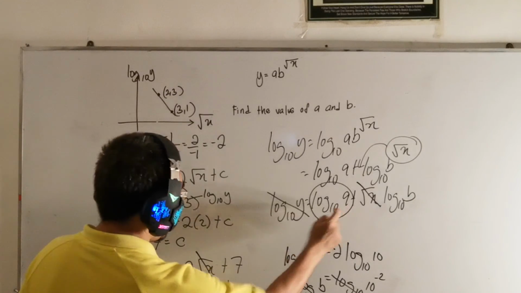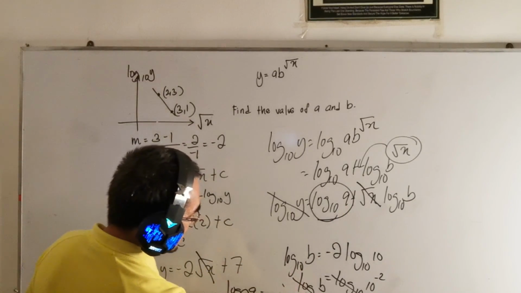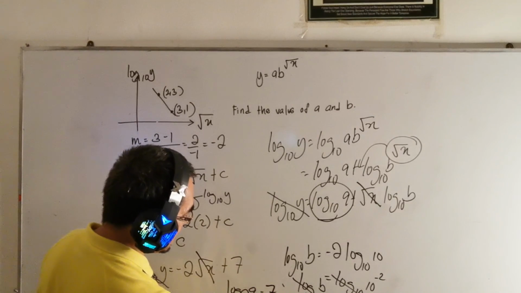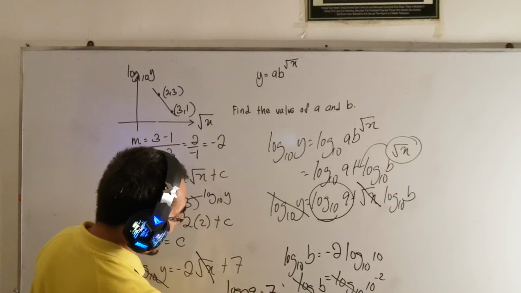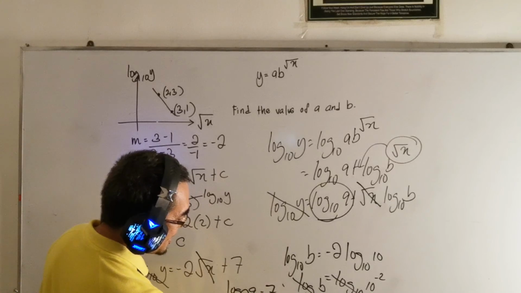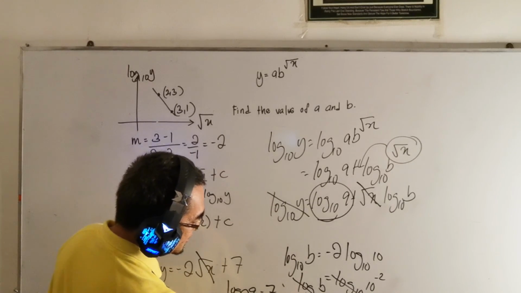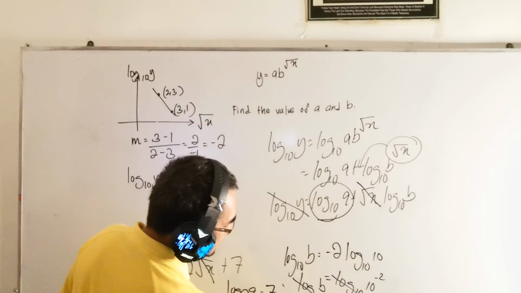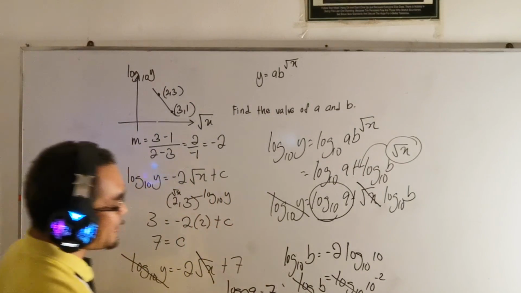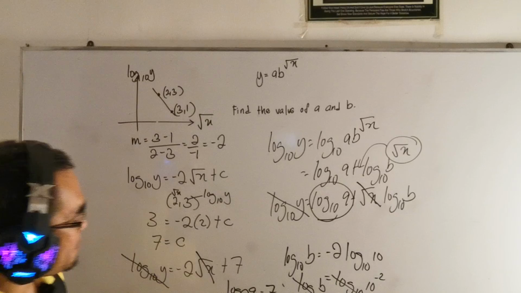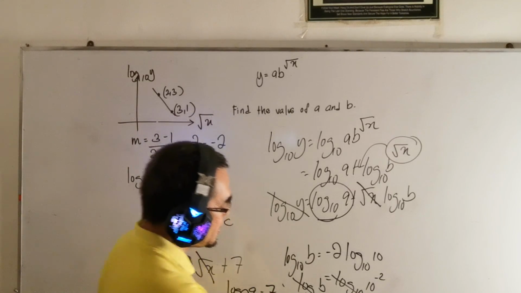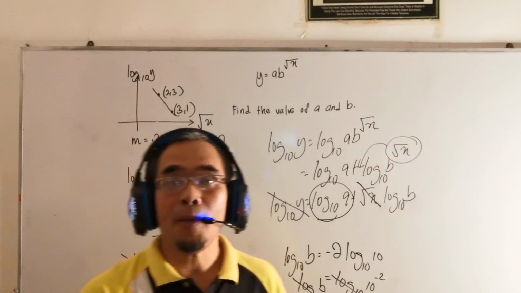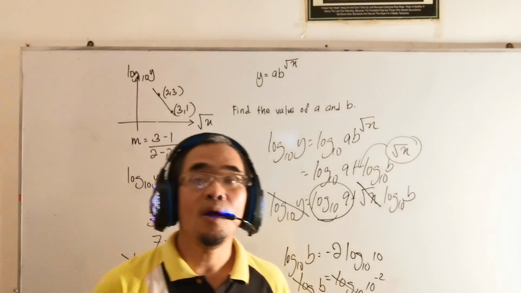Log 10a will be 7. So log 10a will be equal to 7, and a will be 10 to the power of 7. 10 to the power of 7 will be 10 million, 1 followed by 7 zeros. Okay, 10 million. Right, so that is the second type of paper 1 question for linear law.